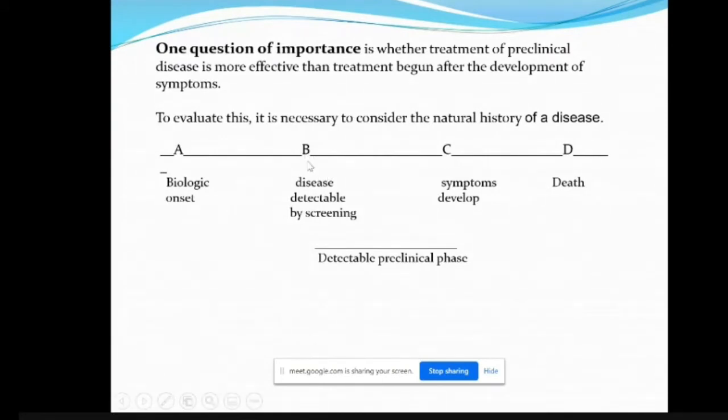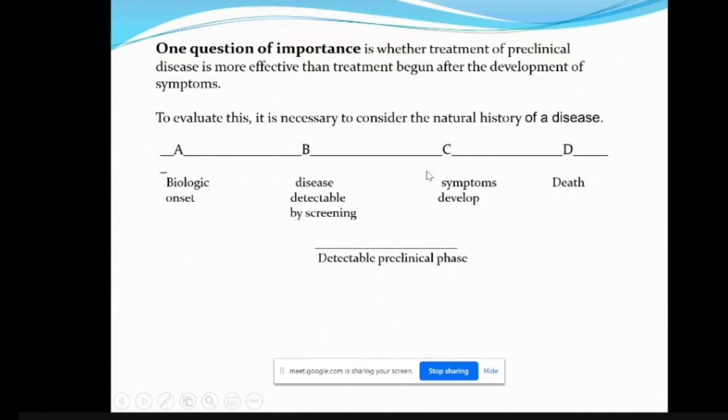The period between the time the disease is detectable by screening test, represented by B, and C, where the disease can be diagnosed after symptoms appear, is called the preclinical phase. This is the phase in which the screening test can be applied.